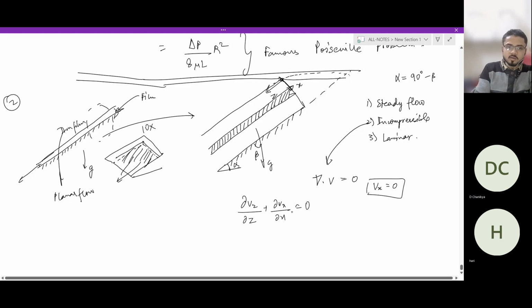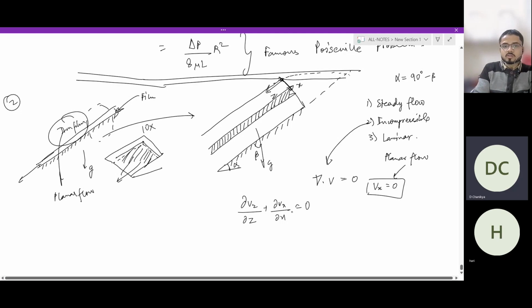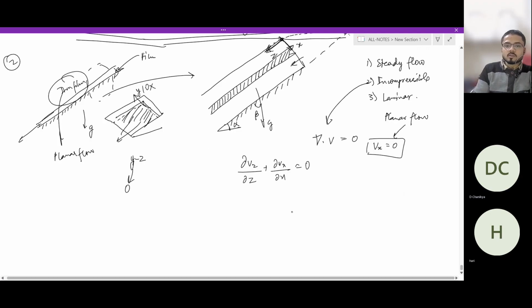This is because we are assuming a thin film and a planar flow. So it flows only in the Z, and this one is Y. So it flows in the YZ plane. But since we are considering a two-dimensional case, the Y components are already neglected. So finally, this part goes to 0, and dVz over dz equals 0.